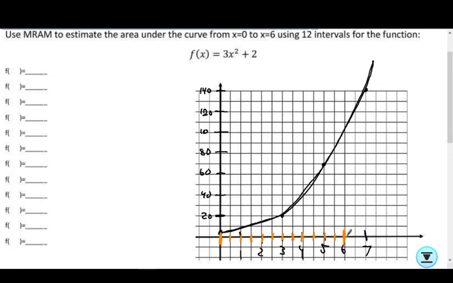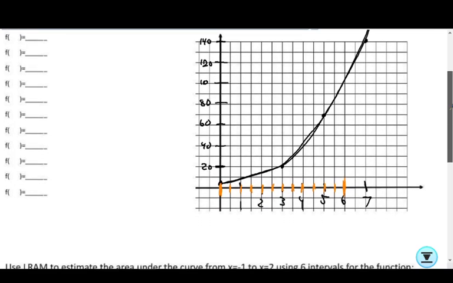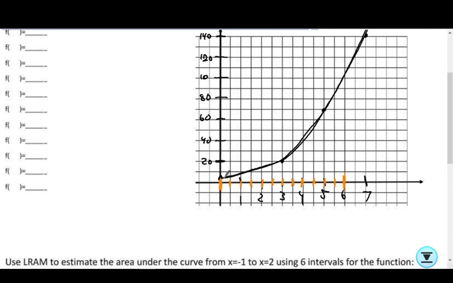Because I'm using MRAM, the heights of these rectangles are going to be in the middle. So right here, the height of this rectangle hits in the middle of the function. Same thing for my second one. It hits in the middle, so right here, this is the height. Here's my rectangle.